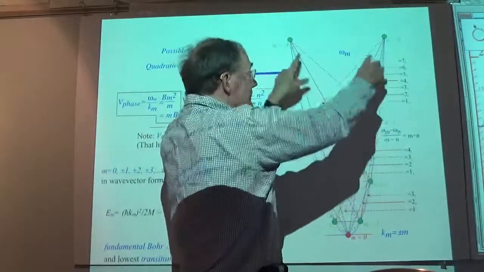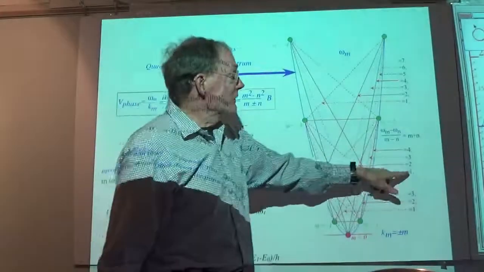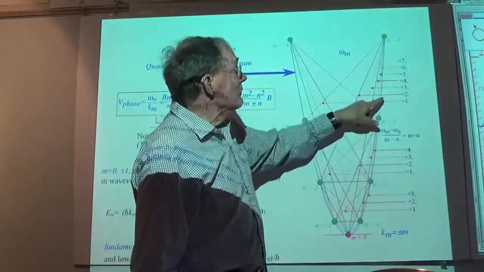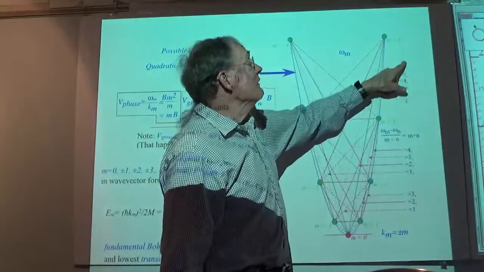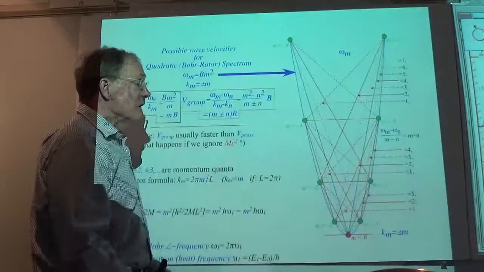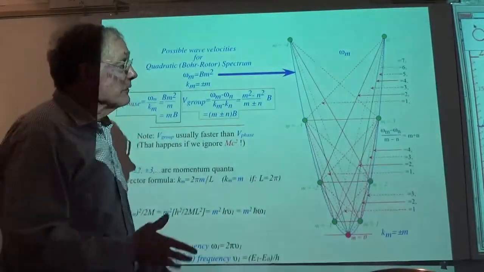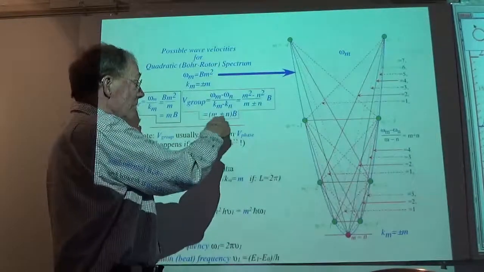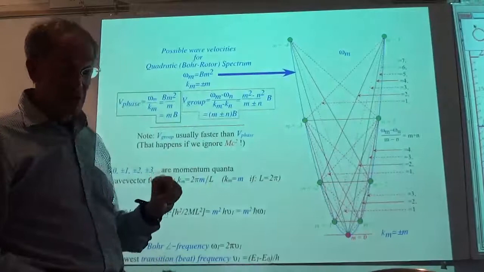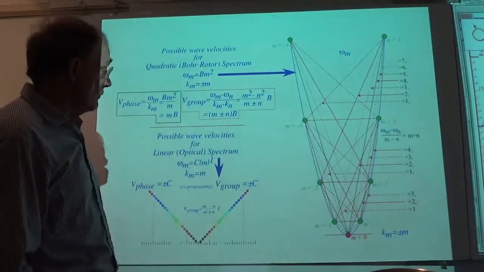All of the connectors between these dots are possible group velocities, ranging from 1, 2, 3, and 4 as I go between those two, ranging between 1, 2, 3, 4, 5, 6, 7 as I go between those two. So we get a number of group velocities going up quadratically, but the slopes are going up linearly. And that's the correct formula, not that darn derivative. The derivative is an approximation for low.